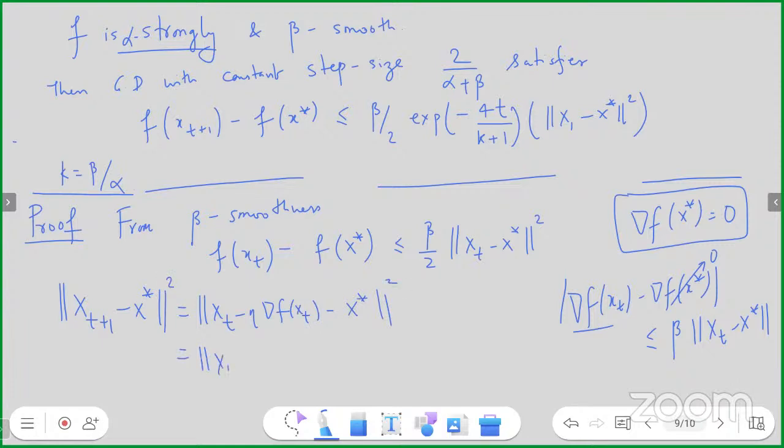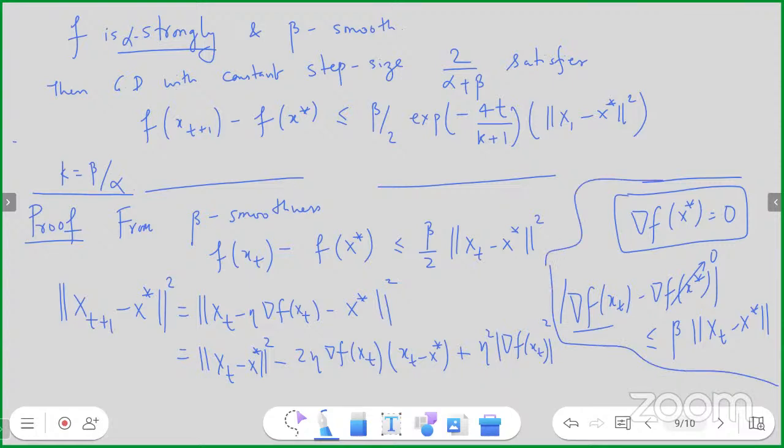So I'll get norm of xt minus x star square, minus 2 eta del f of xt times xt minus x star, plus eta square times del f of xt whole square. All right. Now, what do I have here? I can apply the next lemma on what?